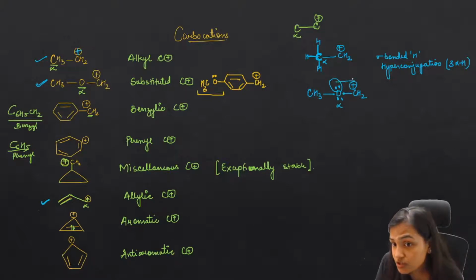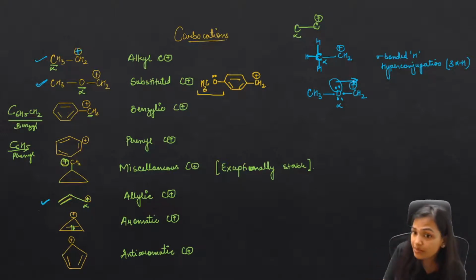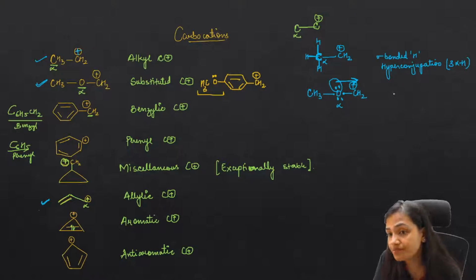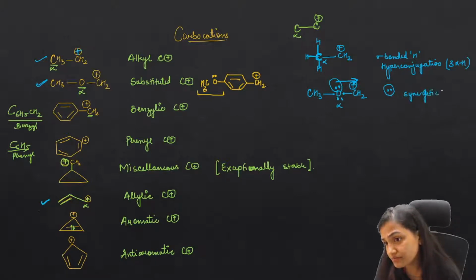Oxygen will show the back bonding. This is the neighboring atom. This will show the synergetic effect and lead to stability. Ultimately, because of the lone pair, this is getting stabilized. So which effect is this? That is the synergetic or back bonding effect. Because of the synergetic effect, this is getting stabilized.